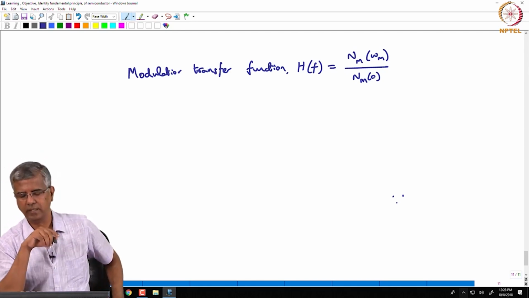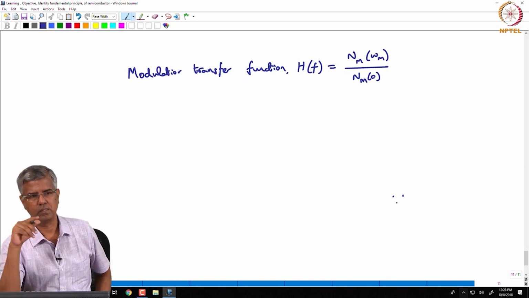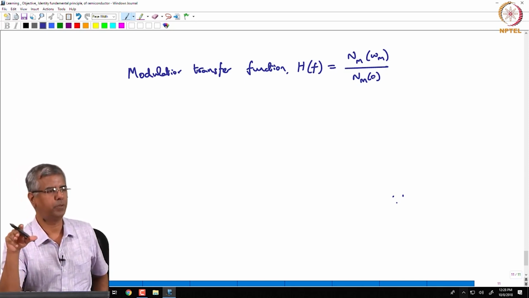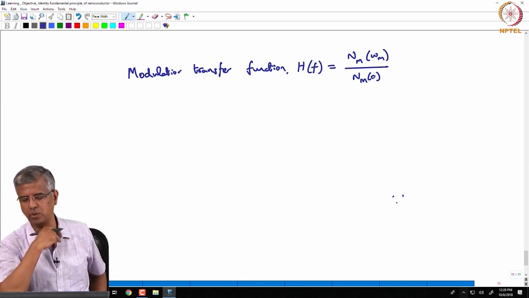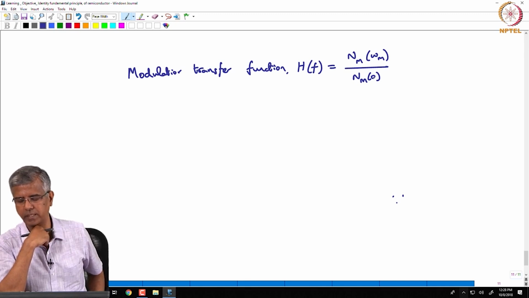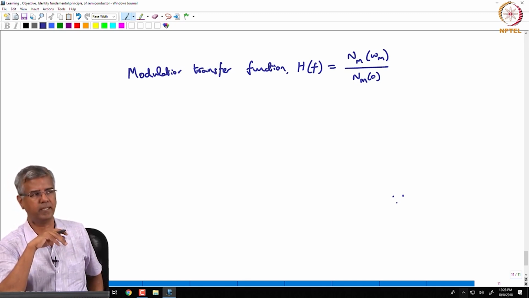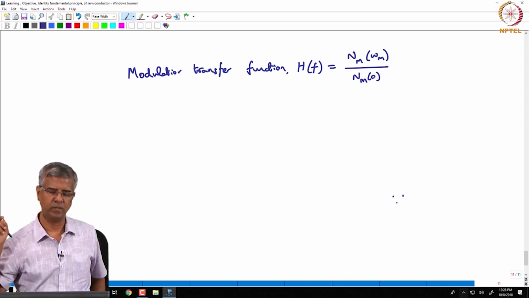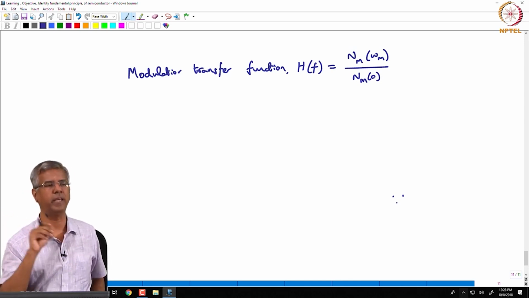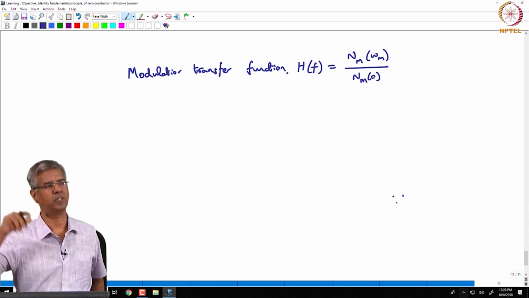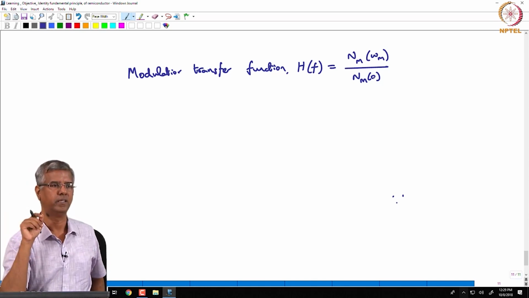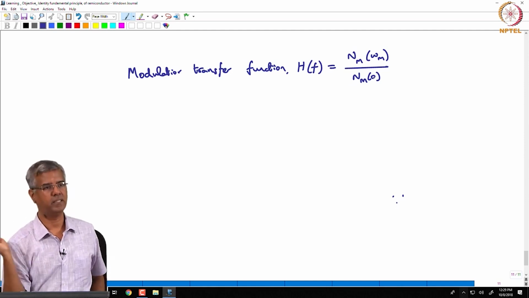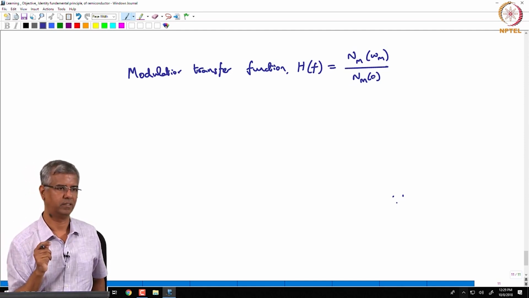So, you can imagine what this thing represents. At low frequencies, steady state, I mean at DC and quasi steady state conditions, you can basically say that Nm of omega m is equal to Nm of 0, right, because if you are injecting some carriers slowly, you can expect that there is a corresponding change in the output power. Now, I am injecting carriers at a much faster rate, right?